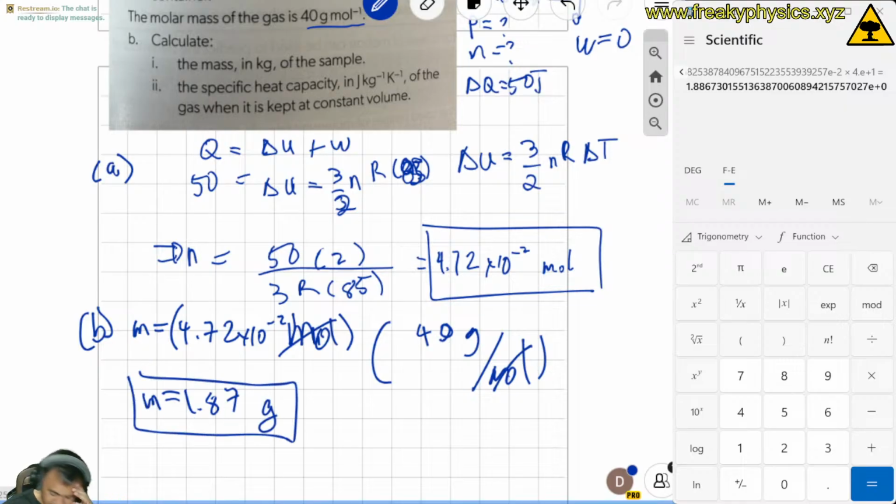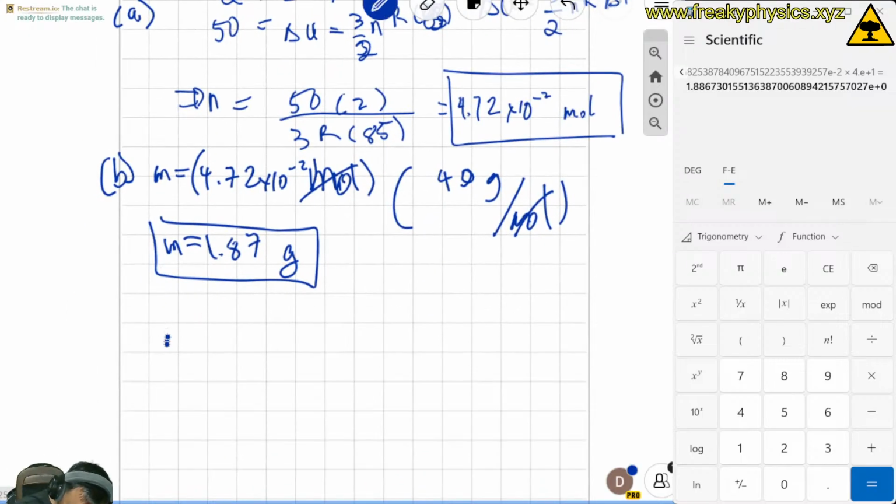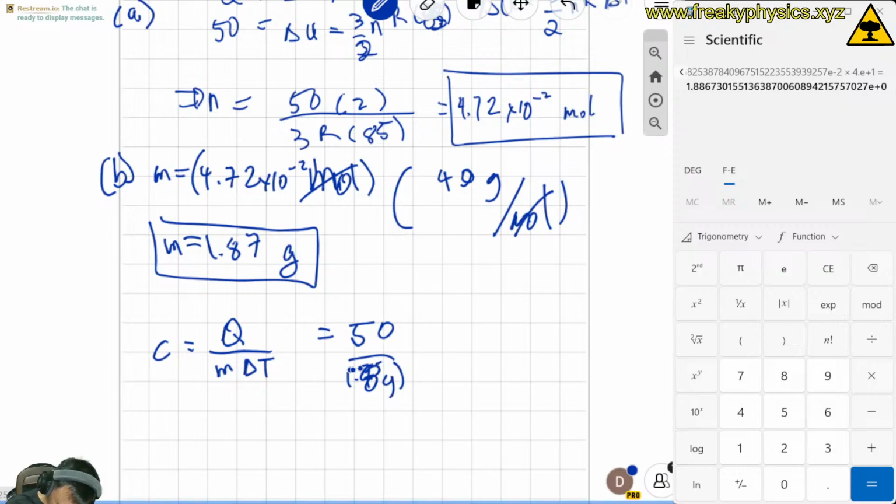Now that we know the mass, how do you find specific heat capacity? Specific heat capacity is C. That's going to be equal to Q all over M delta T. We know the Q, 50. The mass is the 1.87 grams. This 50 is joules, and then the change in the temperature was 85 Kelvin.